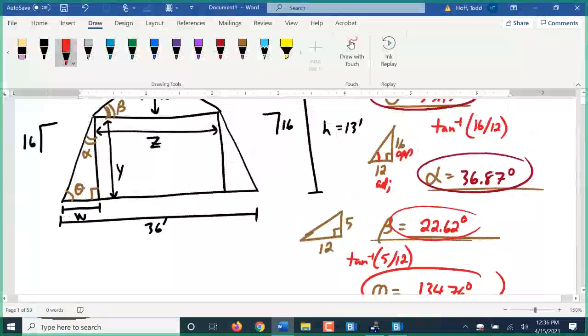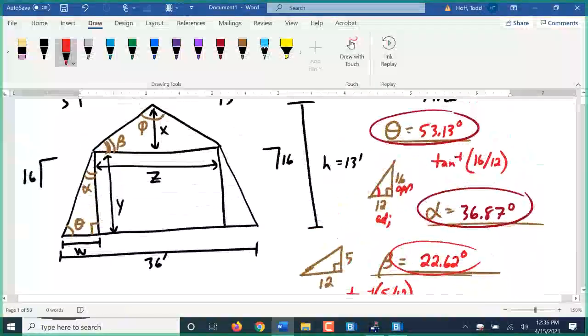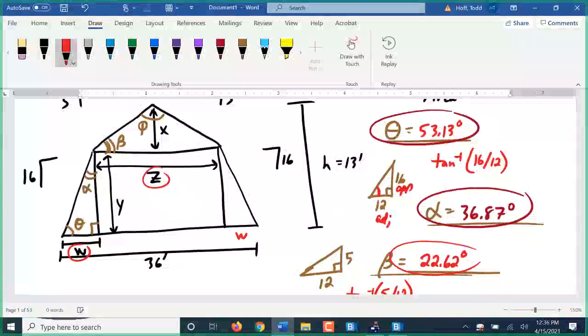Now that we have those angles, we need to find some distances. Looking at these, we can do some relating between the distances. First, we know that W plus Z plus another W add up to 36.